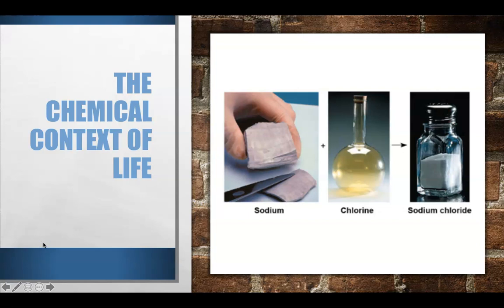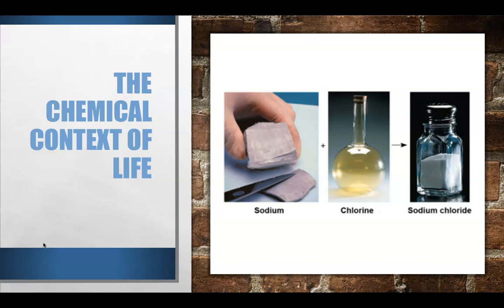Now, if we're thinking about sodium and chlorine, sodium is an explosive solid by itself, and chlorine is a poisonous green gas by itself. So those are the elemental states of those two substances. But if you were to combine them together in a compound, you get sodium chloride, which is table salt.